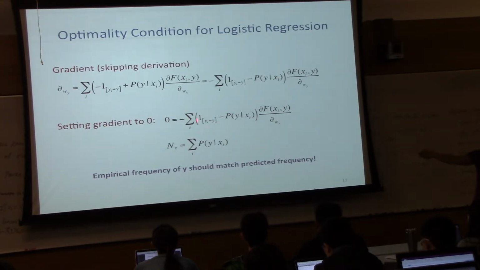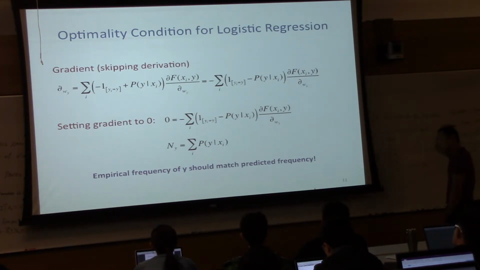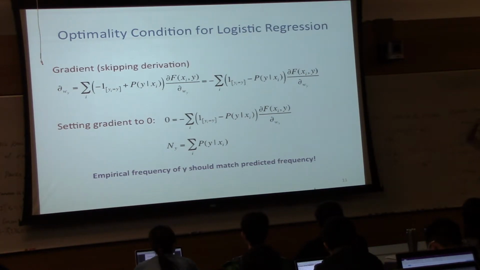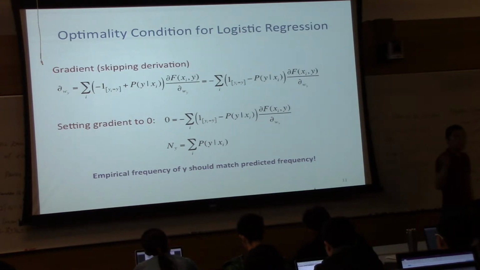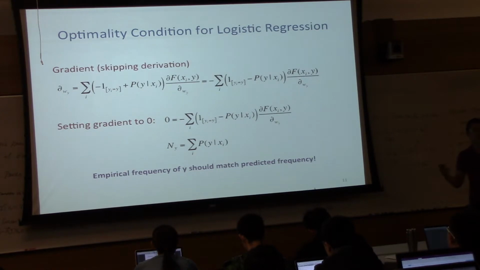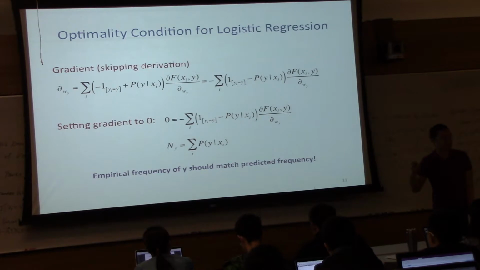This is basically the number of times in the training data that I observe a label yi equals y. So what does it say? This says that at optimality, it must be the case under my logistic regression model that the frequency of observing the label y matches the predicted frequency. This is a necessary condition implied by the optimality of training a logistic regression on maximizing the conditional likelihood on the data.